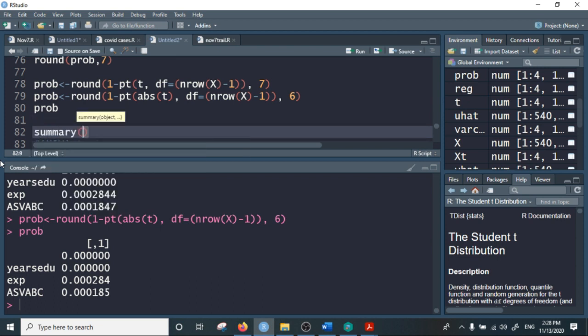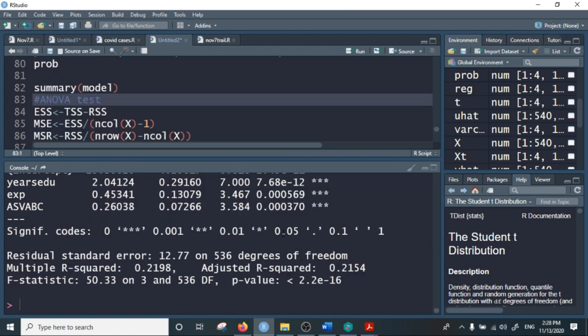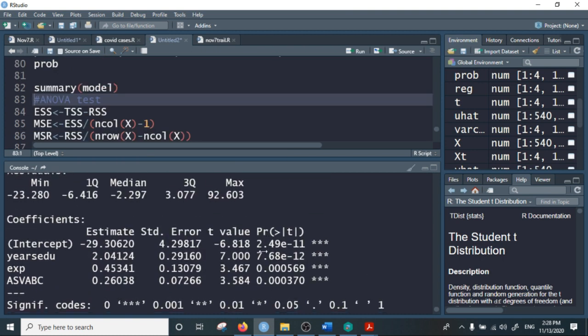Now we can compare these probabilities with the probabilities from our model. Again, I summarize the model from the inbuilt command and look at the probability. The first two probabilities are almost 0, 0.11 zeros followed by 2, and 0.10 zeros followed by 2, so these two probabilities are almost 0.